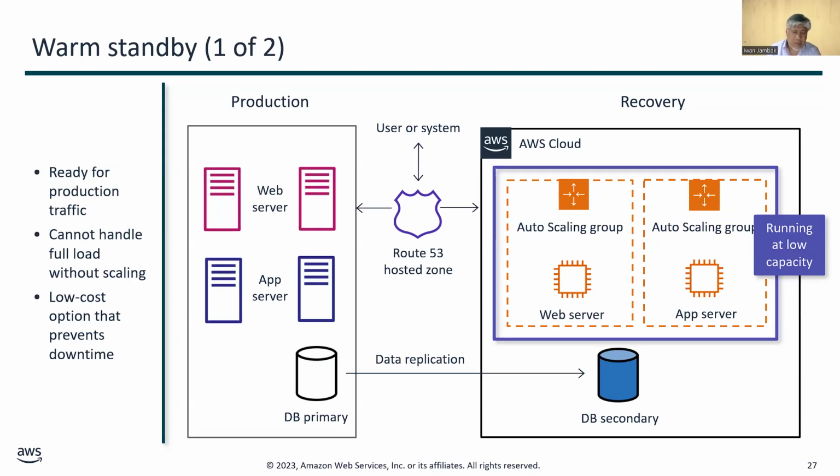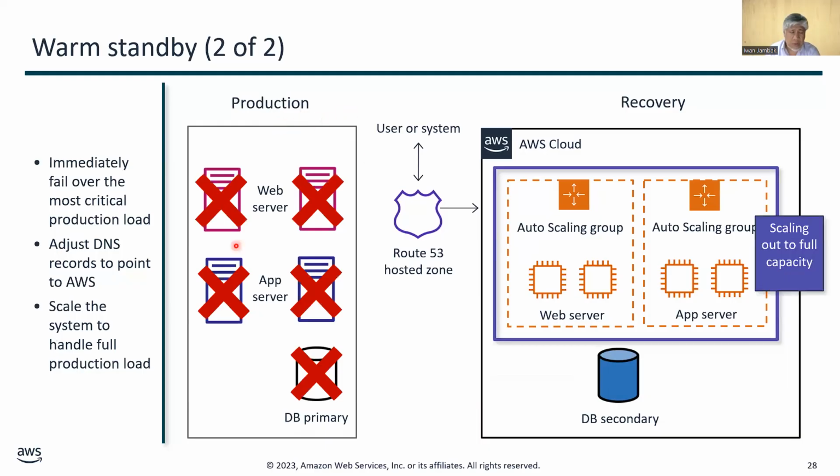The trade-off is that you have to pay the cost because it's running. But it's cheaper than running at full capacity, like when we launch the normal EC2. And when your system goes down, it's faster than the pilot light.